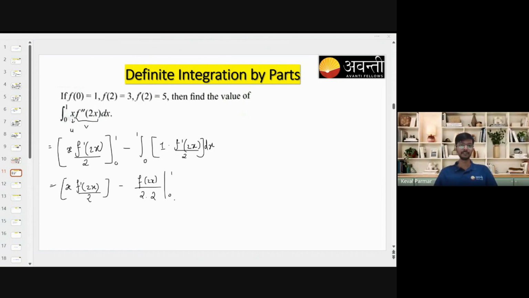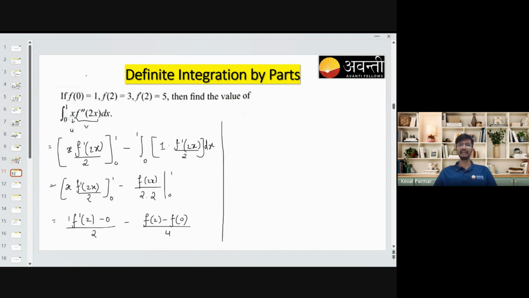Yeah, where were we? Yes. Now we'll use upper limit and lower limit on both simultaneously. So this will give 1 into f dash of 2 minus 0 upon 2 minus f of 2 minus f of 0 upon 4.